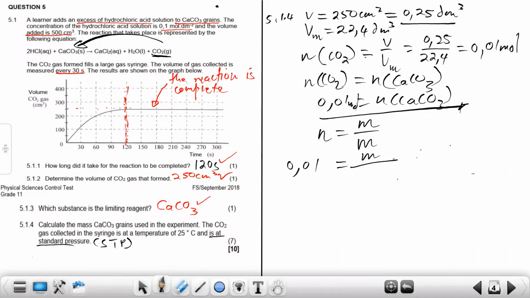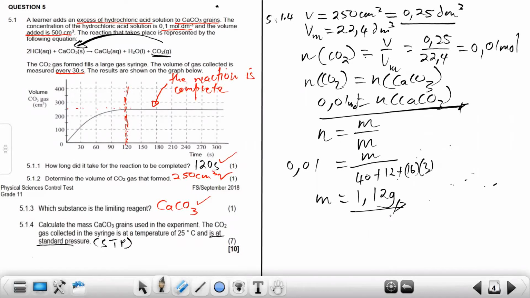What is the molar mass of calcium carbonate? It is 40 plus 12 plus 16 multiplied by 3. Then you do the mathematics, and you'll find that the mass is something like 1.12 grams.